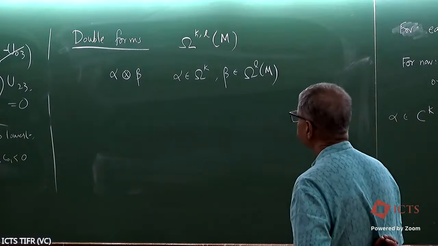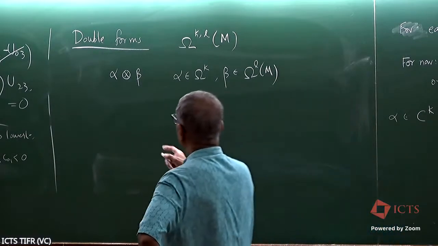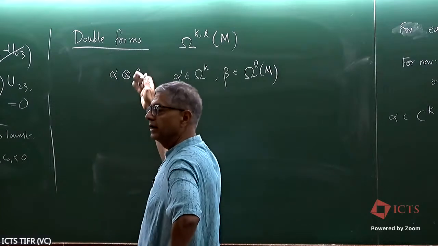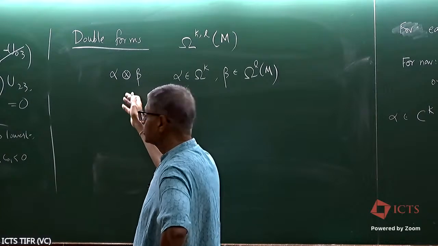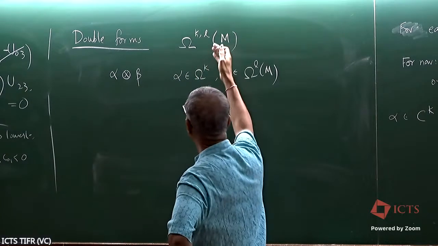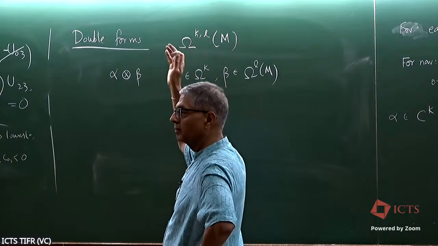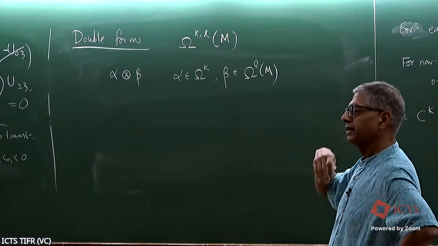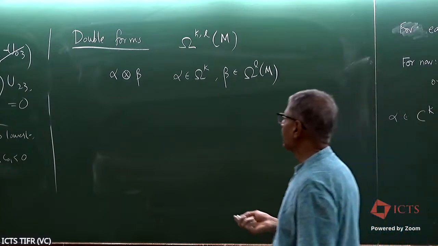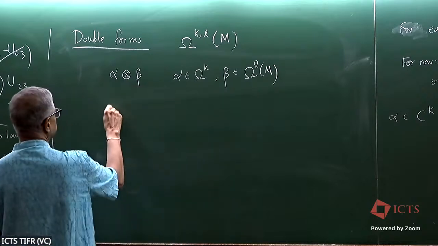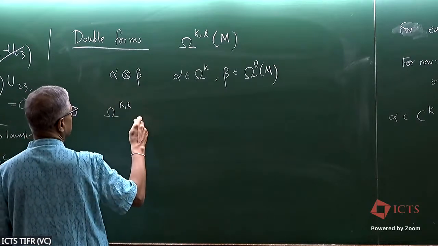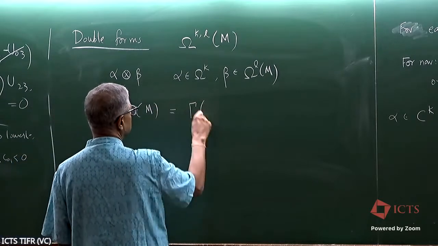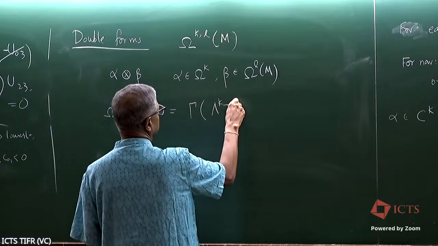And if I give you K vector fields, then this alpha will consume them and you'll get an ordinary L form. So this is the sense in which we also call it L form valued K form. If I give you K vector fields, they will be consumed by the first part and the result will be an L form. So this is actually a short way of writing sections of this bundle.